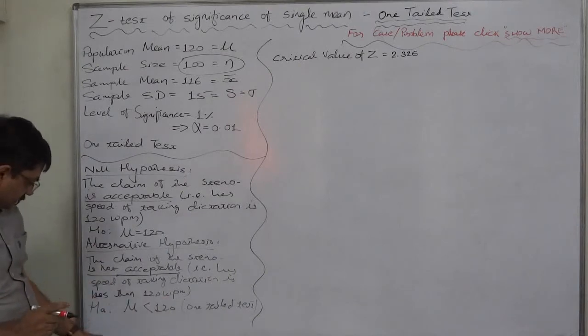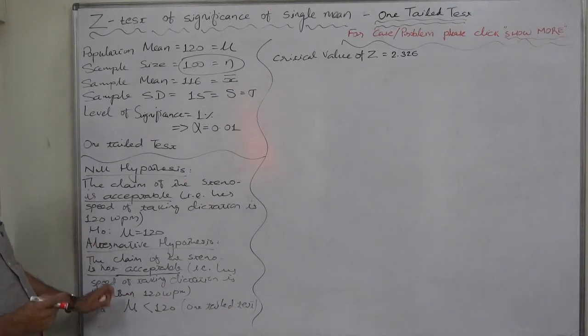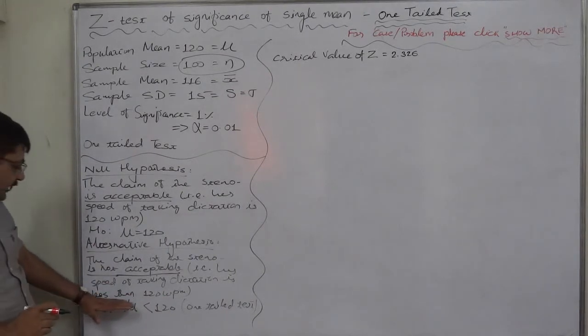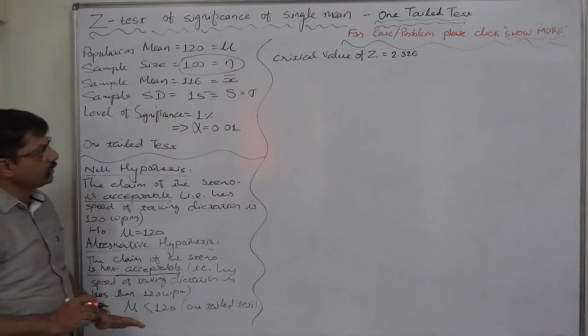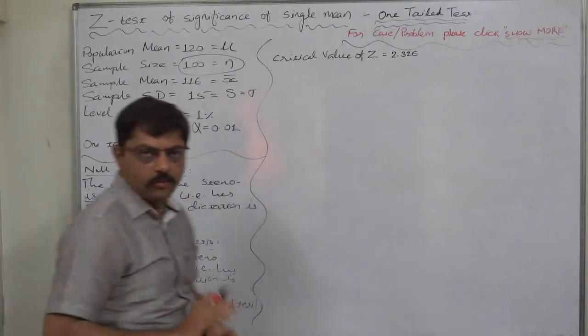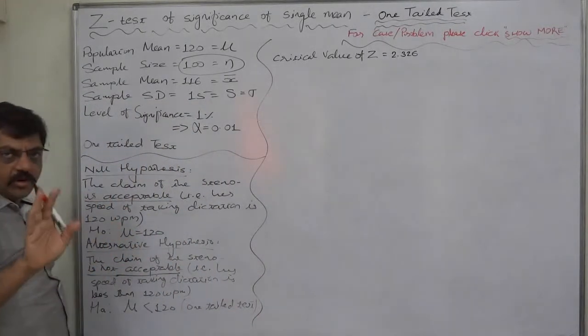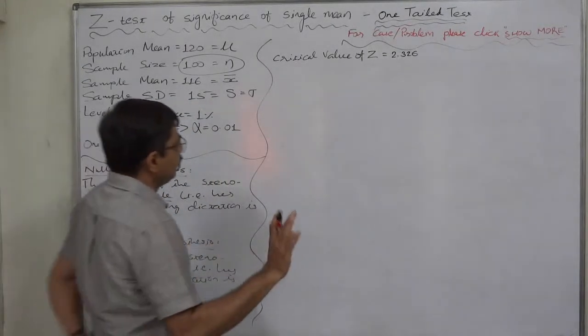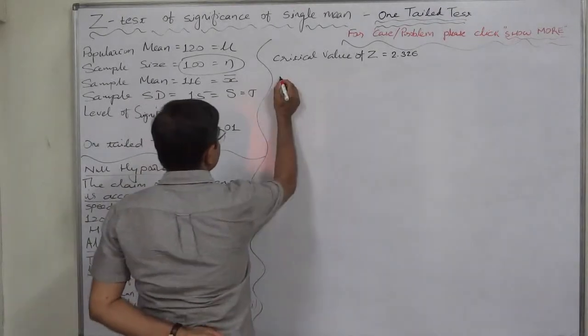Since this is the case of less than the parametric value, we can say minus 2.326, but don't bother about the sign of Z value at present.